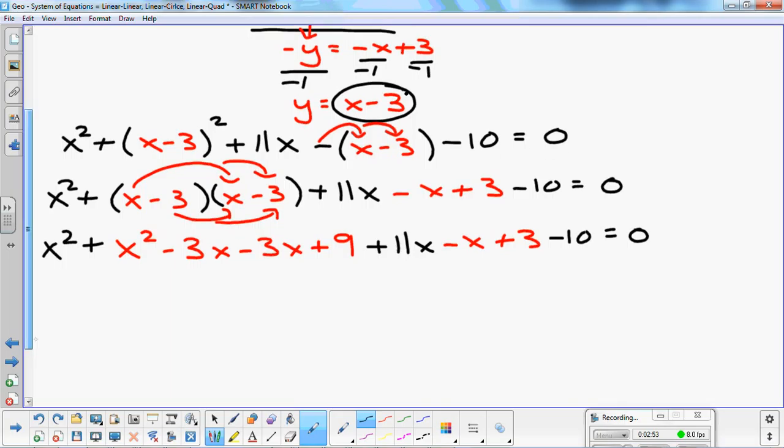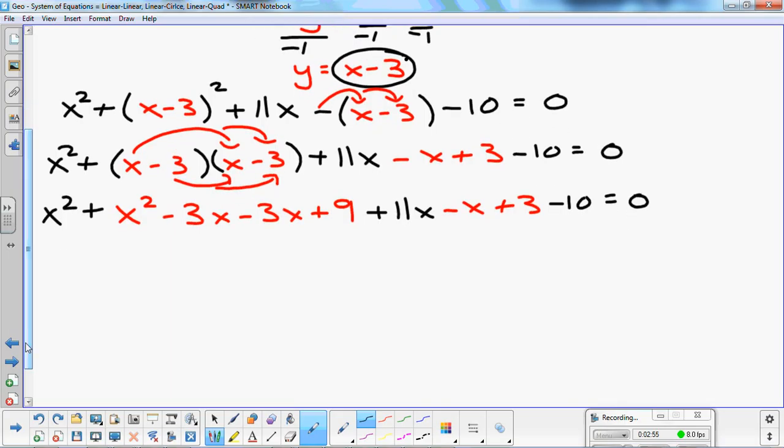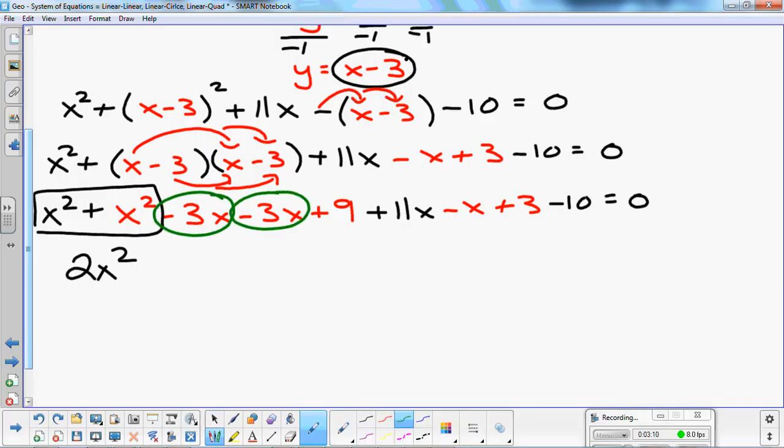Now I need to combine my like terms to simplify. First, I'm going to combine my x squares together, and I'm going to get 2x squared. Combining my just x's, I have -3x and -3x, which will give me -6x. I have my 11x, and I have a minus x.